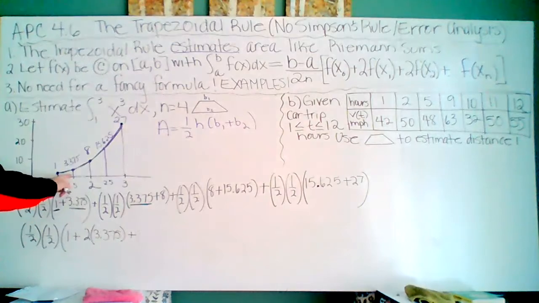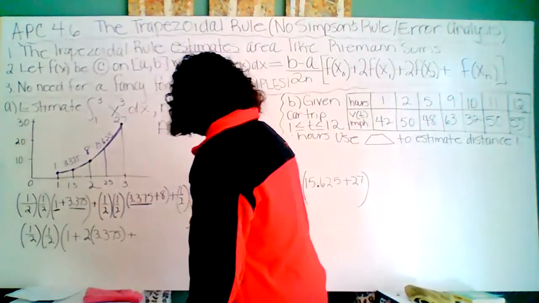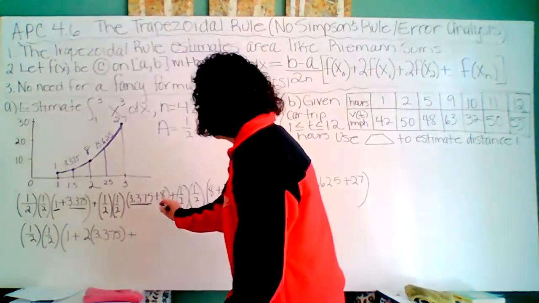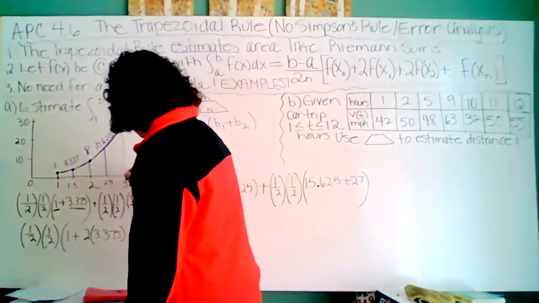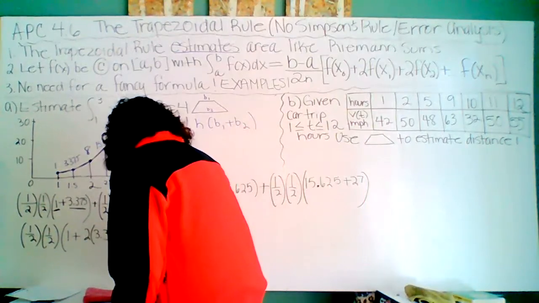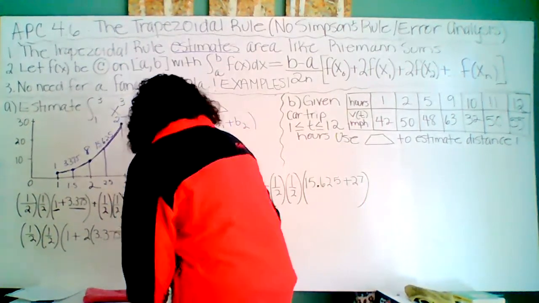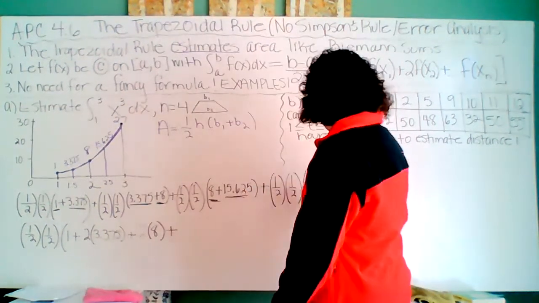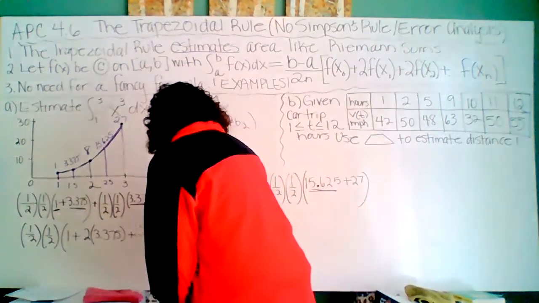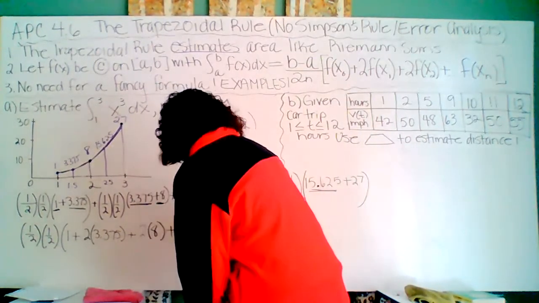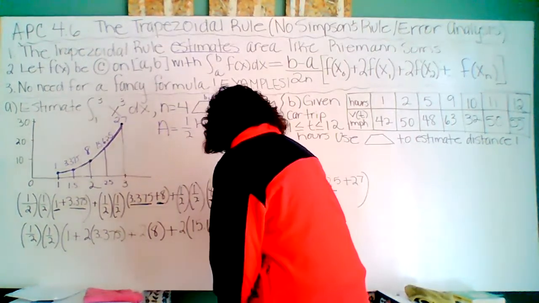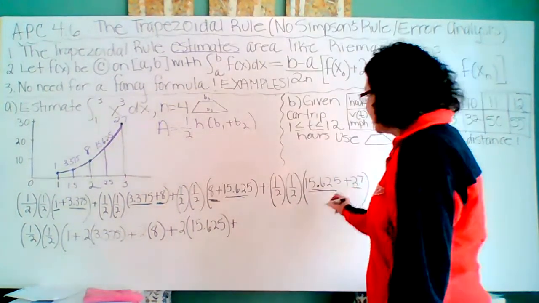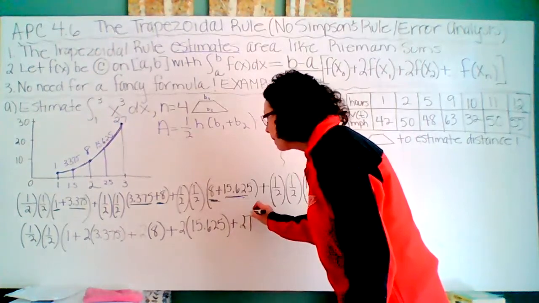Because it is the right base of the first trapezoid and the left base of the second. Notice that the base of 8 is used twice in the second and the third. Notice the base of 15.625 is used twice because it is the base of two trapezoids. Notice that the last base, 27, is used once.